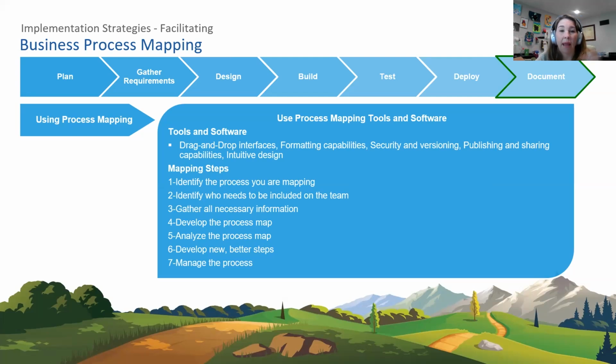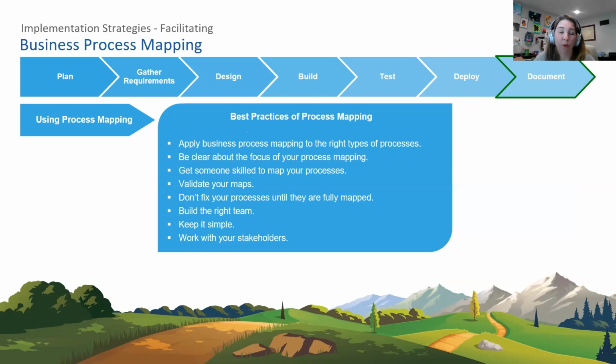Develop the process map, analyze it with yourself, analyze it with your Salesforce team, and then analyze it with the business users as well, so that you can make sure that you've covered any gaps, any issues, any constraints, things like that. Revamp it so that it's just a better version, and then just manage it and keep it maintained as time goes on.